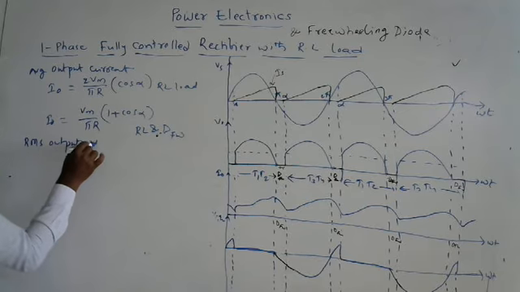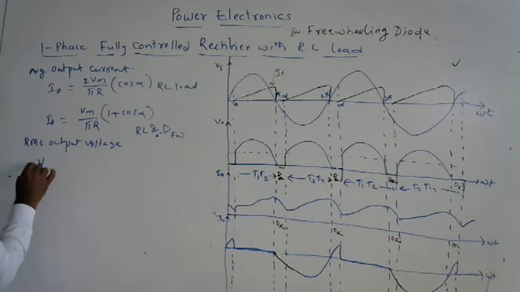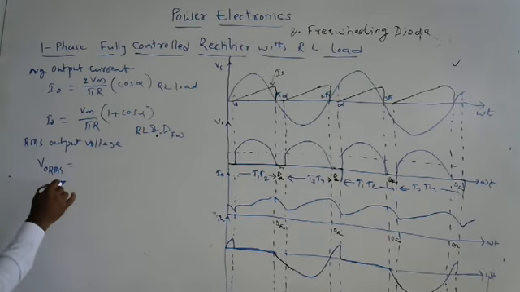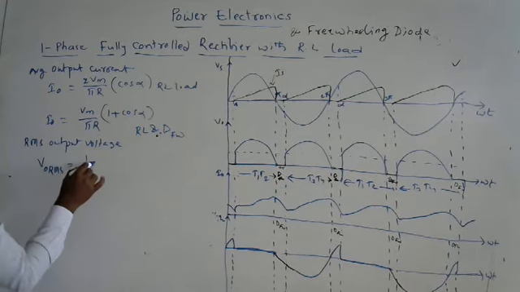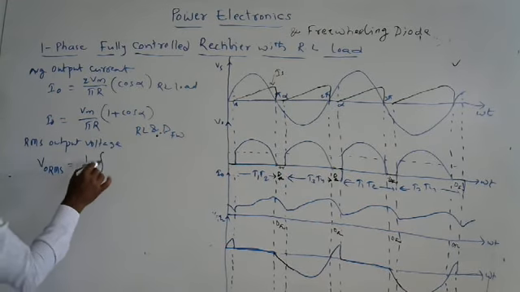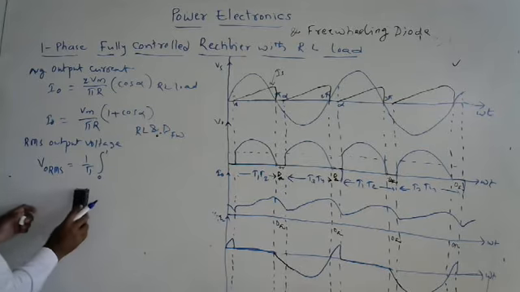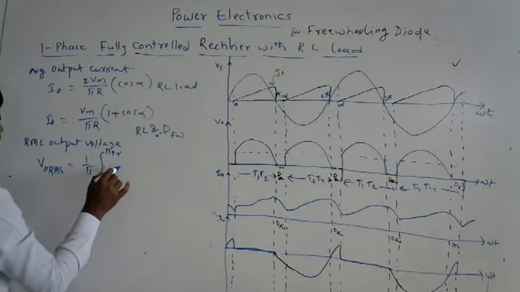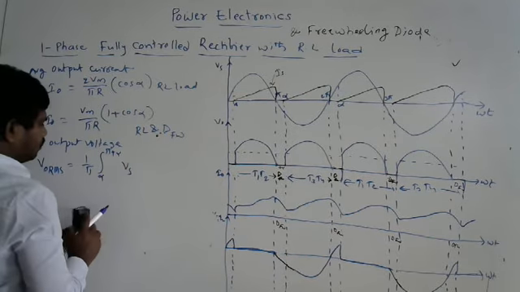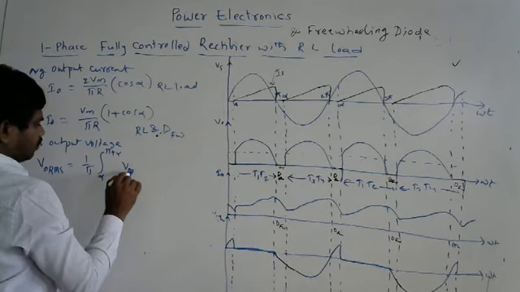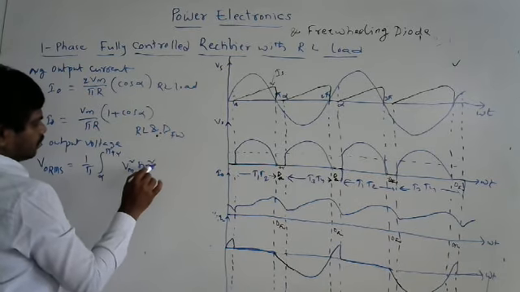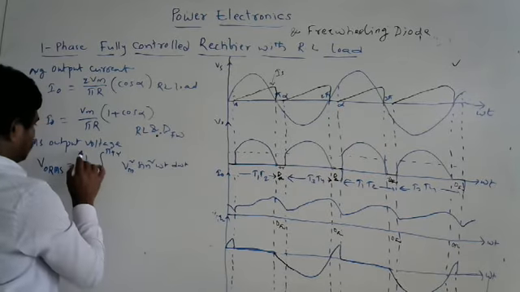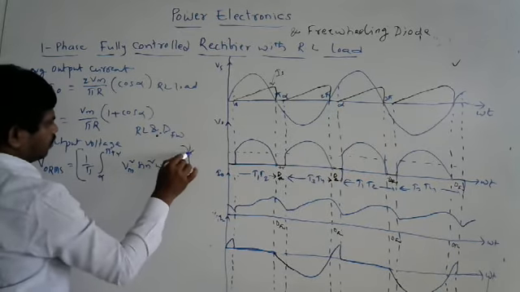Right. If you want to go for RMS values of output voltage, what we are writing generally is V naught RMS, that is under root, 1 by pi integral alpha to pi Vm square sin square omega t d omega t under root.